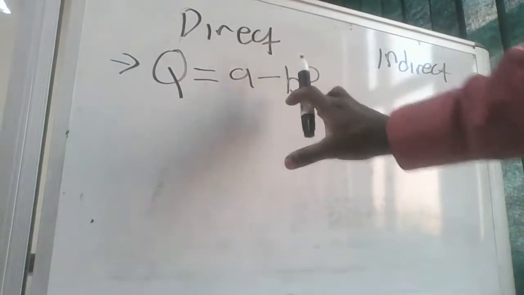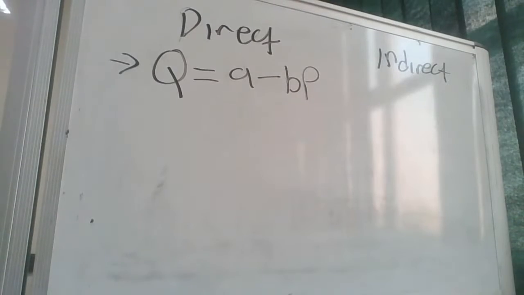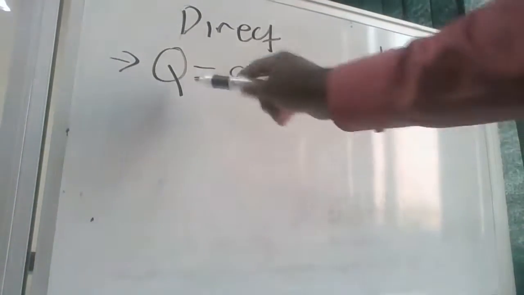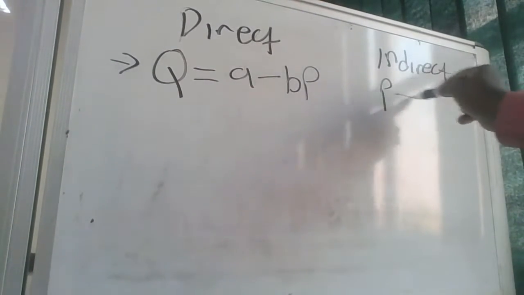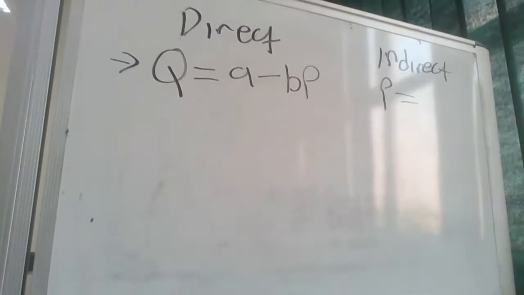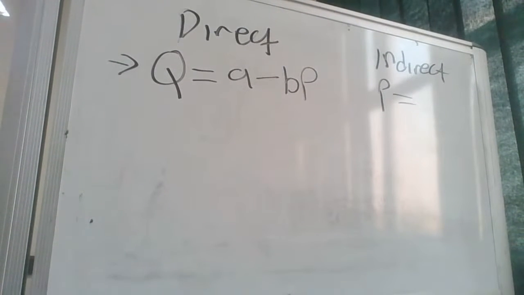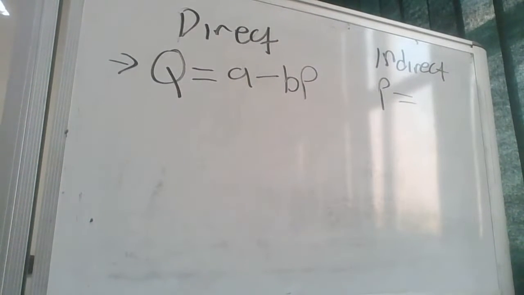The inverse of this demand function is to make P the subject of the formula. So if we make P the subject of the formula here, what will this function be? So P is equal to what? Please complete the function.